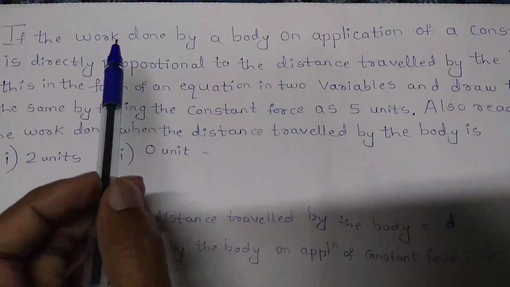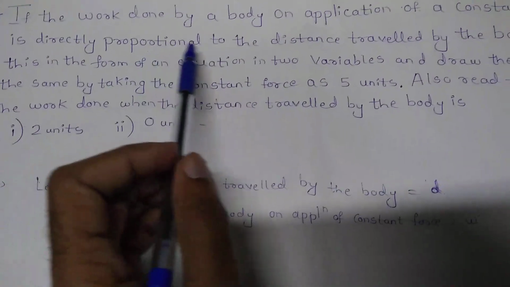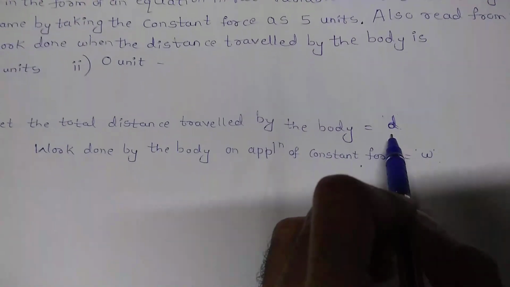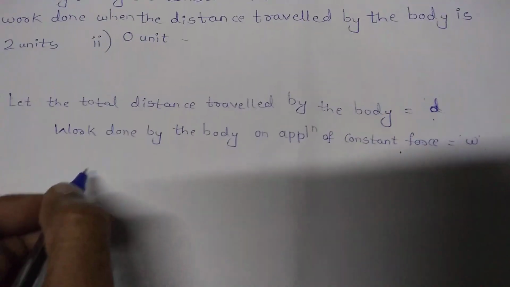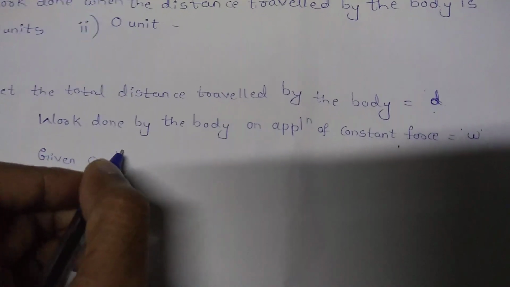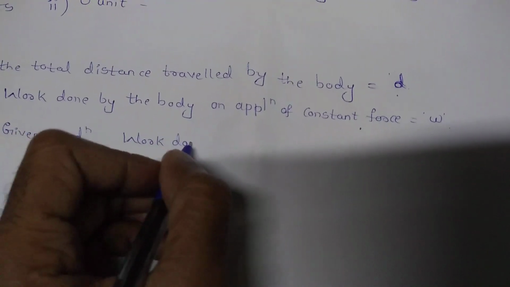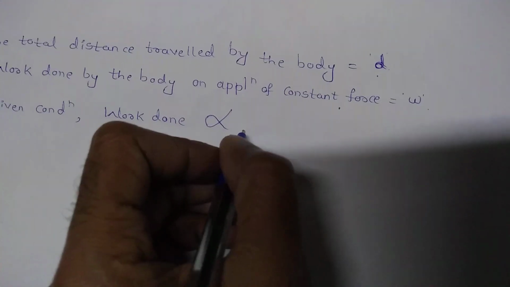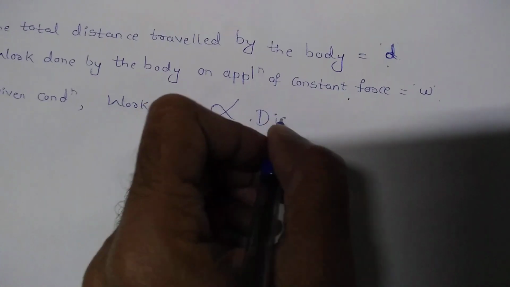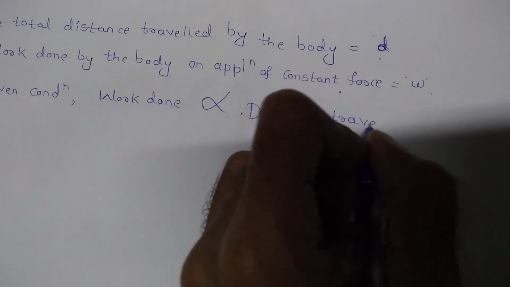So they have given that the work done by the body on application of constant force is directly proportional to the distance traveled, that is, w is directly proportional to d, right? Given condition: work done is directly proportional to distance traveled, right? So this is the condition they have given you.